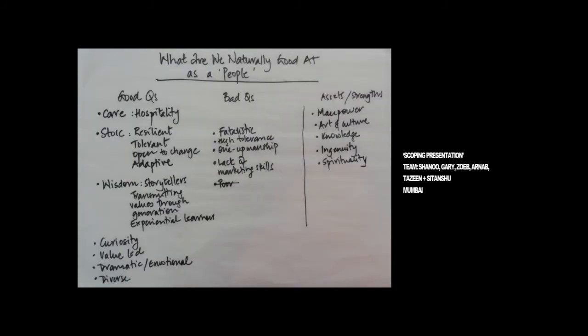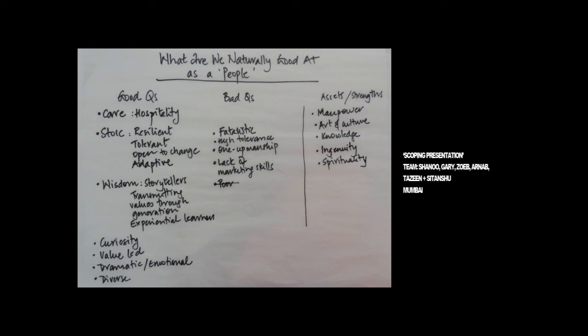Next slide, please. And then we just did a quick look at ourselves as people and said, what are we really naturally good at? Or let's look at the qualities that we have which would work for us. And we realized that as a nation and people, what's really high up there in terms of the qualities is the aspect of care and hospitality, resilience, tolerance, which may be good or bad, wisdom, we're storytellers, and we transmit our values through generations.